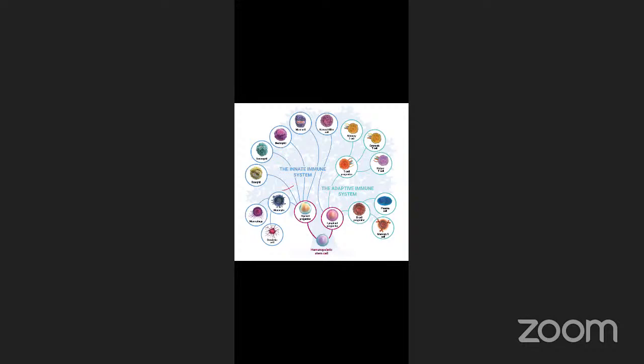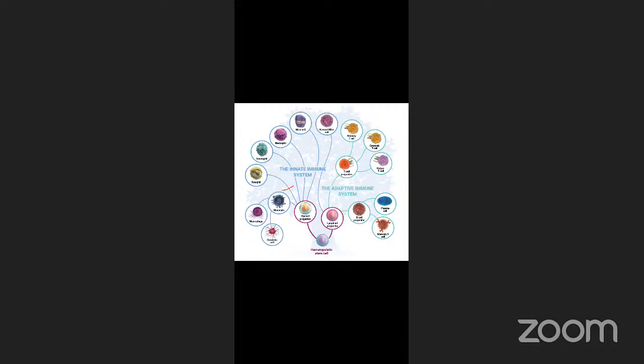Monocytes also come from the myeloid progenitor cell. Monocytes always circulate in the body and patrol for different types of agents.